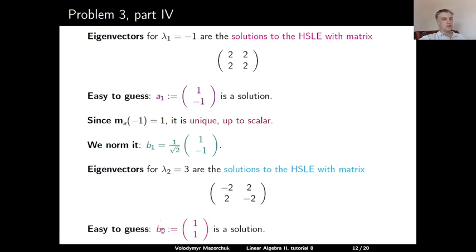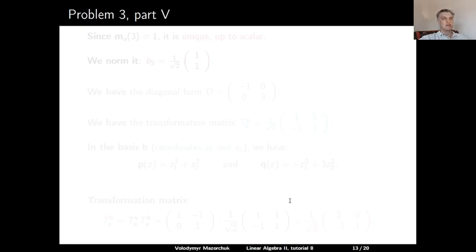Since the algebraic multiplicity is 1, this solution is unique up to scalar. And again, it has length root of 2. So if we divide by the length, we get a normed vector, which we denote by b2, which is equal to 1 divided by the root of 2 times (1, 1).